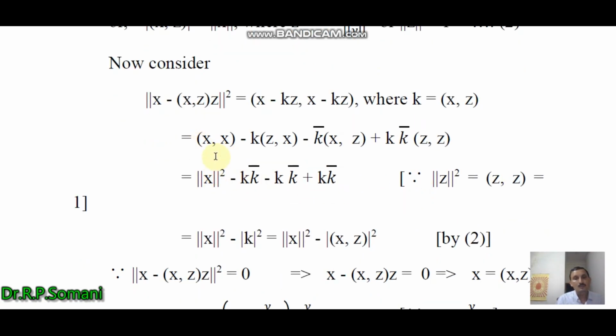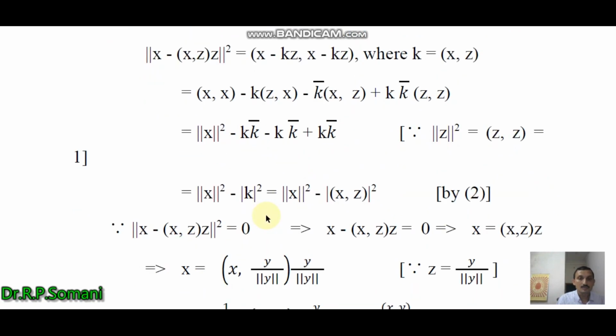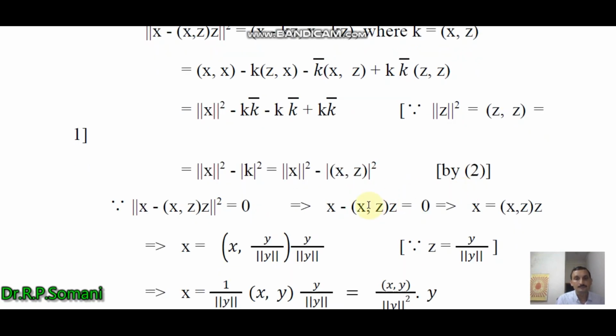By the definition of norm, this equals norm x square minus k bar k minus k k bar plus k k bar, because norm z square equals the inner product of z and z, which equals 1. So this equals norm x square minus modulus k square, that is norm x square minus the modulus of the inner product of x and z, squared. Then by using equation 2, this is equal to 0.